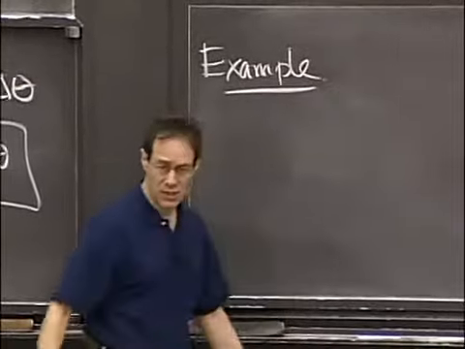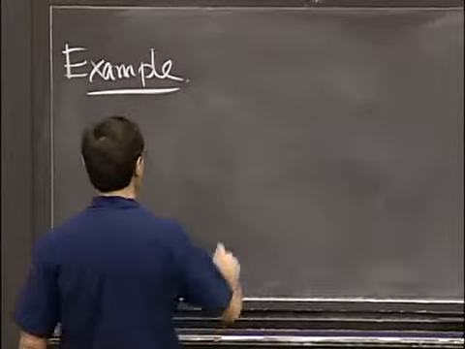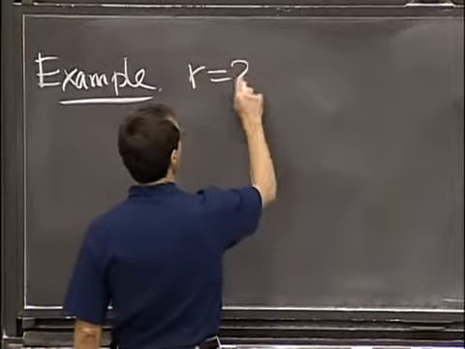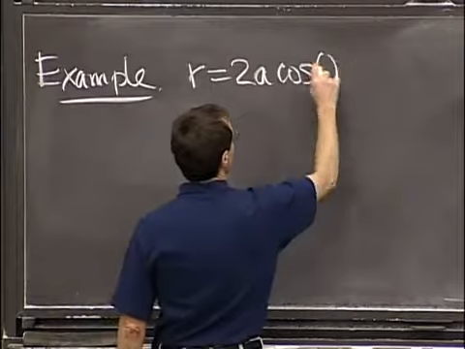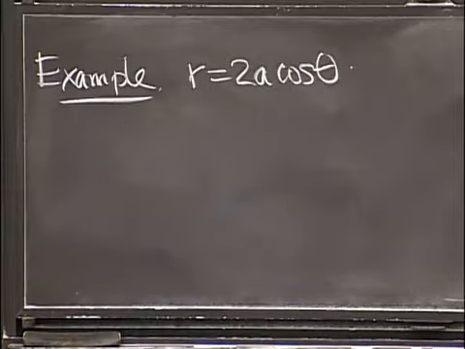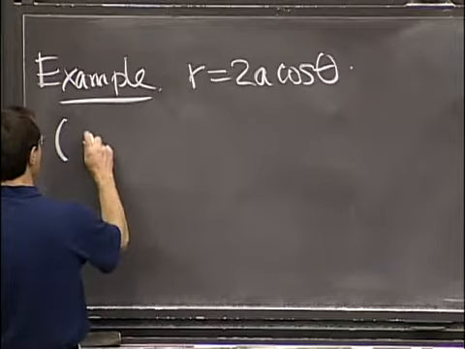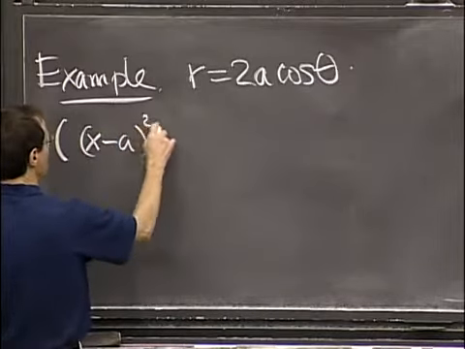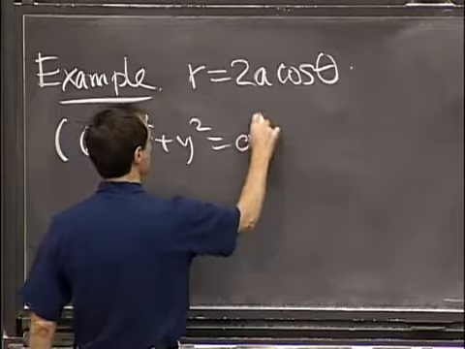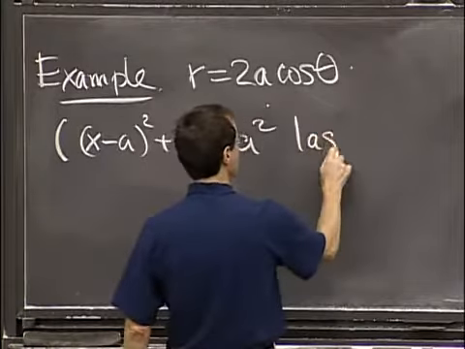The example that I'm going to take is the one that we did near the end of last time, which was this formula here, r is equal to 2a cosine theta. Remember, that was the same as (x minus a) squared plus y squared equals a squared. So this is what we did last time.